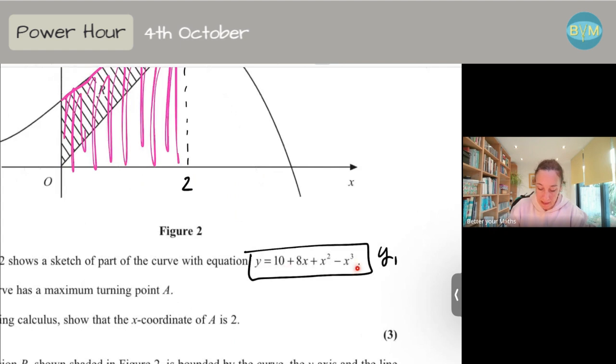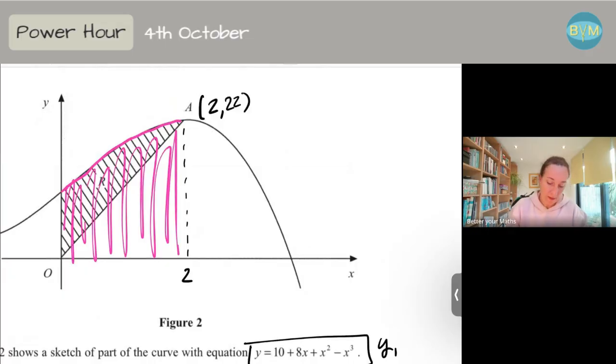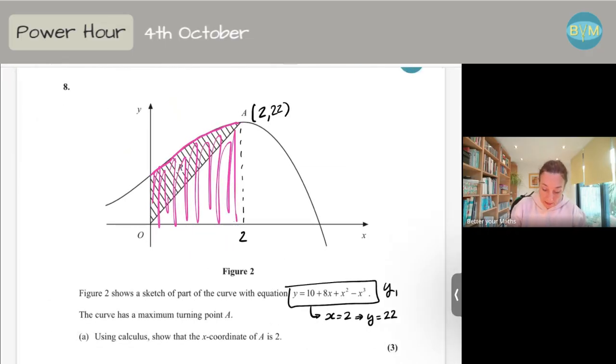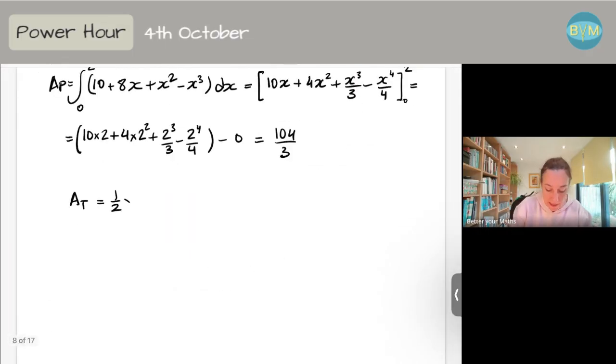So when x is 2, y is 22. So this point is 22, if I've done correctly. So the area of the triangle is 1/2 base times height, which is 22.